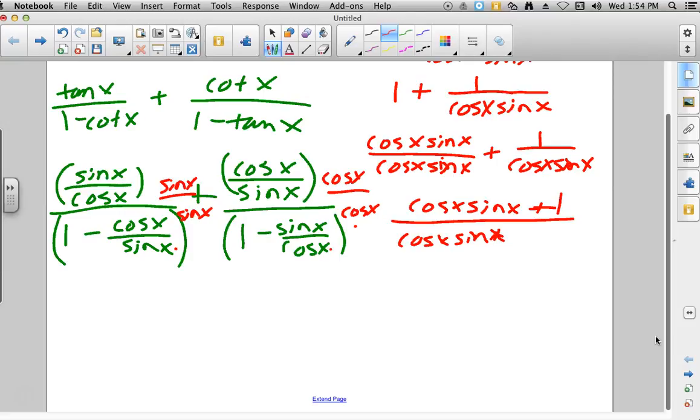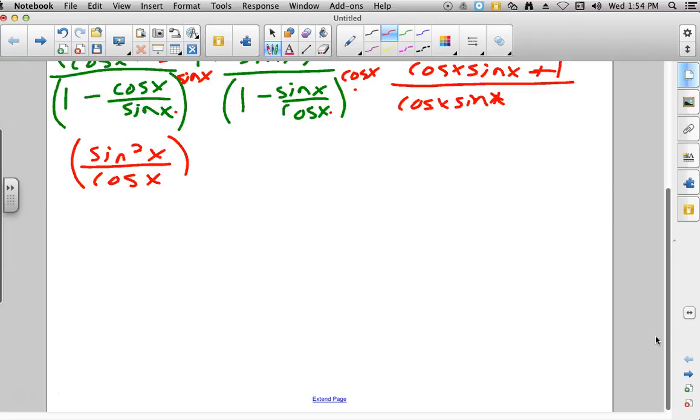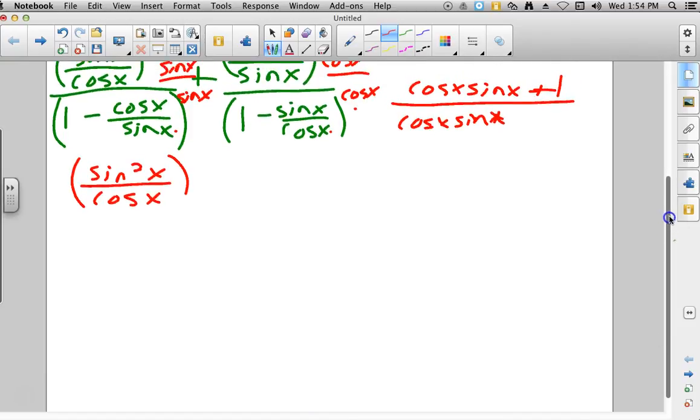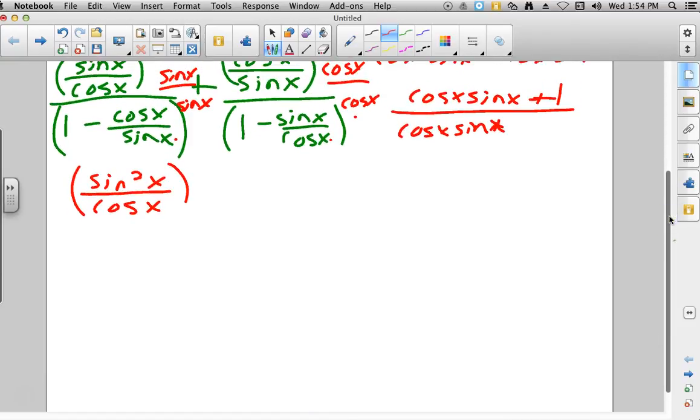So we're really looking at this as having fractions within fractions. So in the numerator, it's going to be sine squared x over cosine x when we multiply that by sine of x. In the denominator, now that we're multiplying that by the sine of x, we will have sine of x, because we still have to multiply it by 1 minus cosine of x. And hopefully now you're starting to see why they went this way.